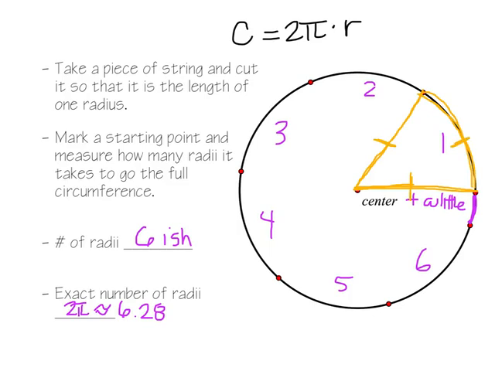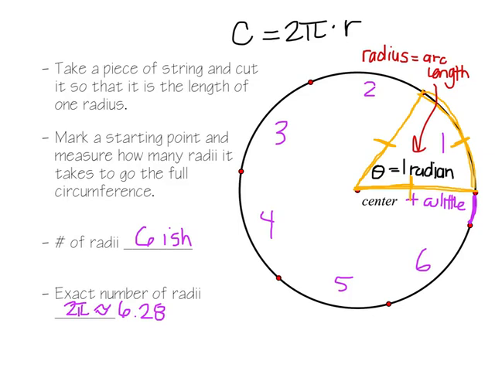We're going to define this angle right here as being what is called 1 radian. So 1 radian is where the radius is equal to the arc length. That's all a radian is, that angle.